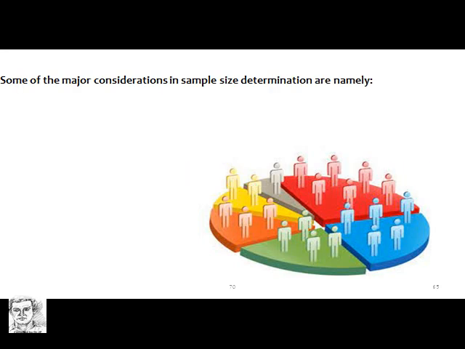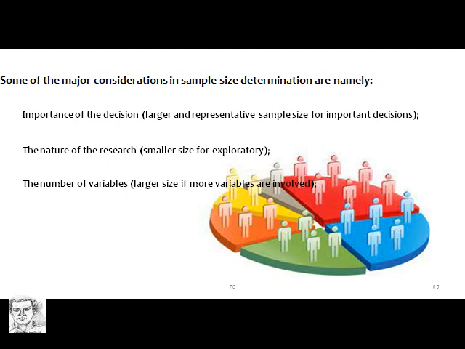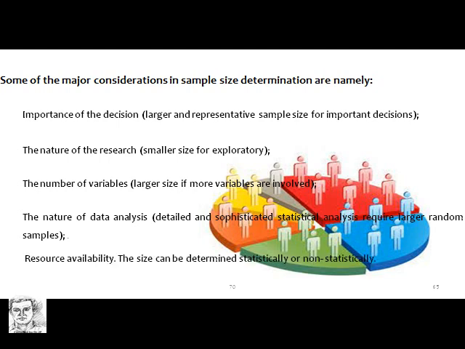Some of the major considerations in sample size determination are, namely: importance of the decision, with a larger and representative sample size for important decisions; the nature of the research, with a smaller size for exploratory; the number of variables, with a larger size if more variables are involved; the nature of data analysis, as detailed and sophisticated statistical analysis require large random samples; and resource availability. The size can be determined statistically or non-statistically.